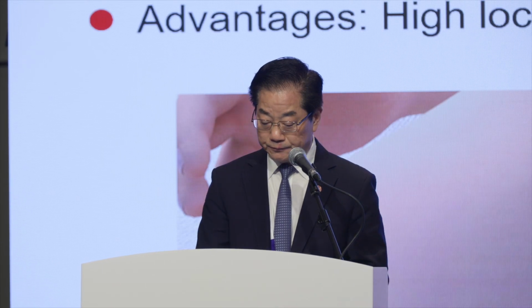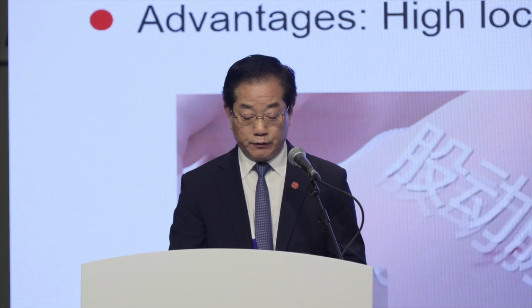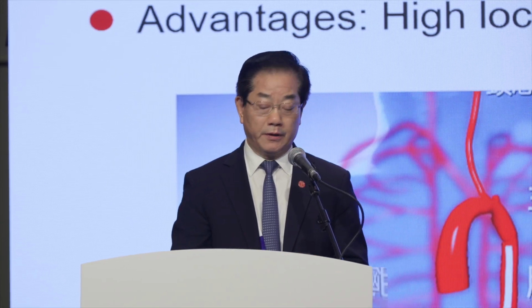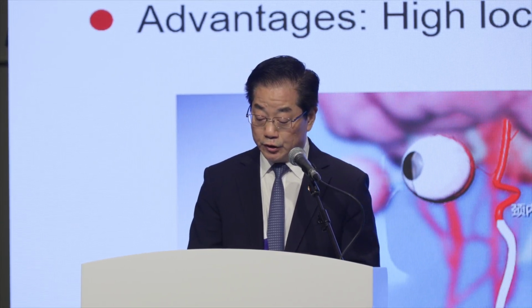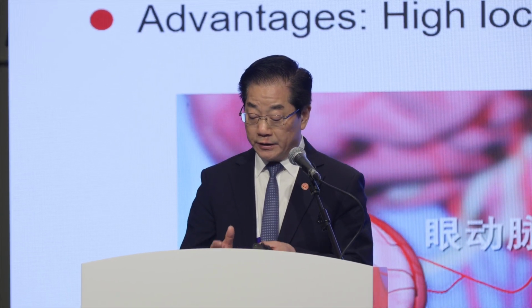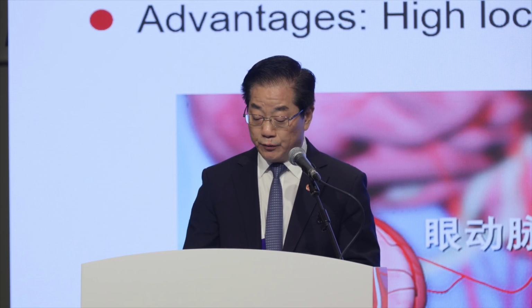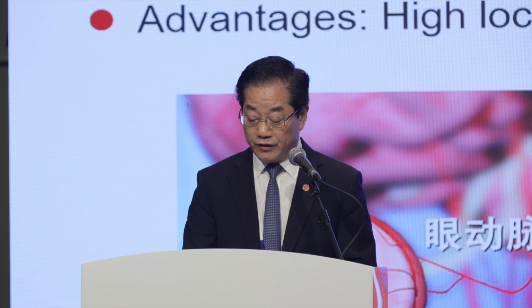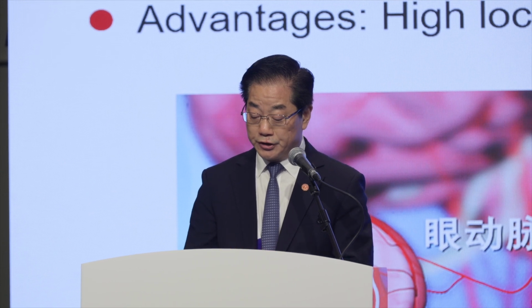How can we reduce the eyeball removal rate and the side effects? This slide shows super-selective intra-arterial chemotherapy. We carry out IAC intubation through the femoral artery, with DSA imaging and ophthalmic arterial injection.